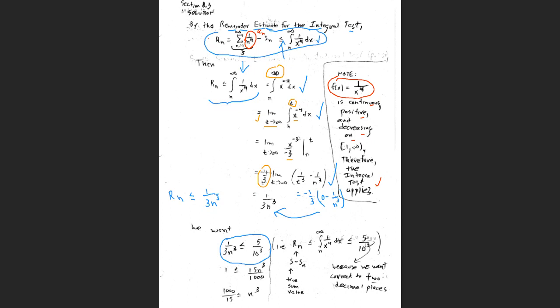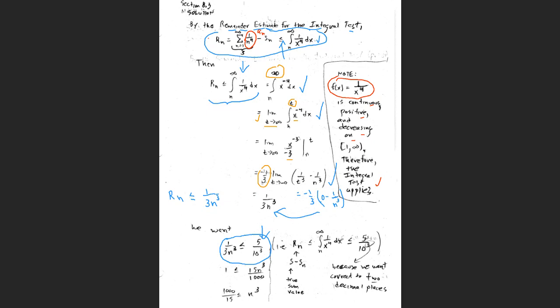Because we want correct to 2 decimal places, we have to take the remainder and make it less than or equal to some bound that will ensure that we're correct to within 2 decimal places.